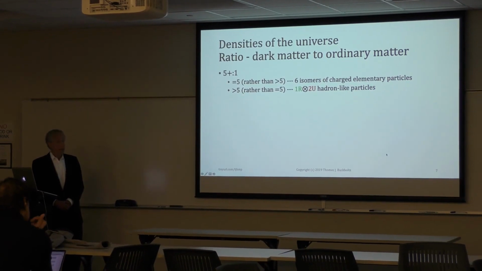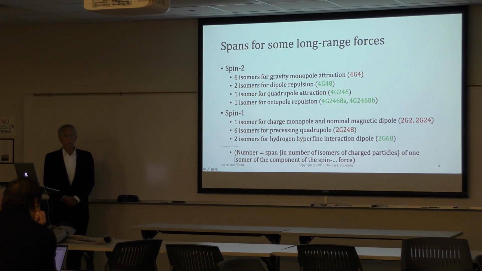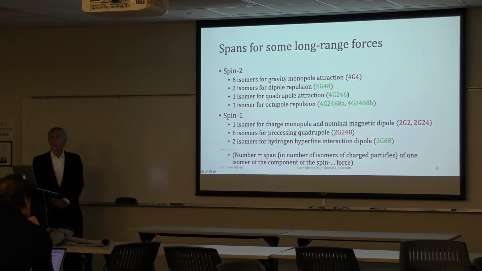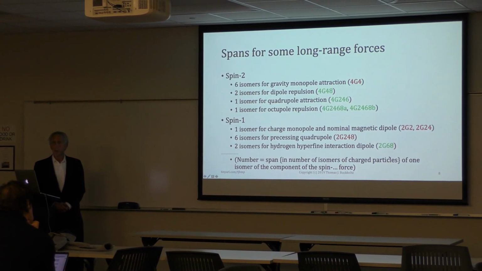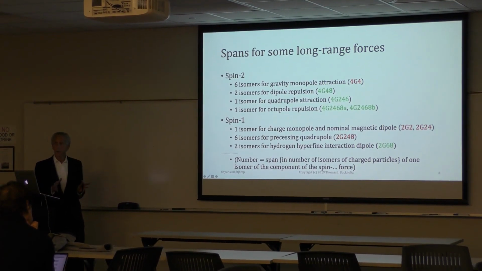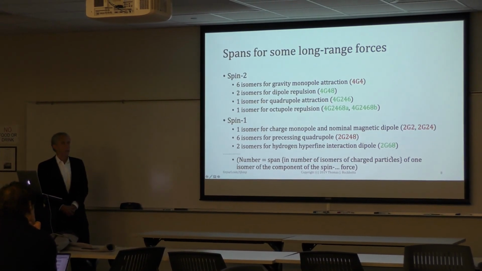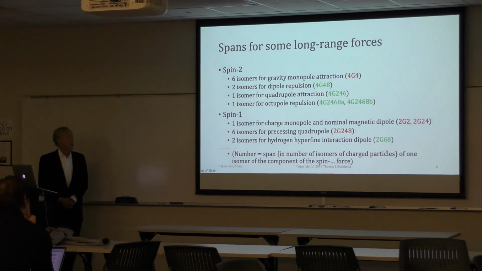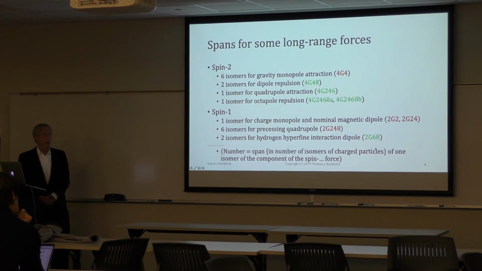With this, we can actually go quite a long way. So we need one more thing to get in there, and that is obviously gravity needs to span all 6 isomers. The ordinary matter isomer that we see and the 5 dark matter isomers. So it has a span of 6, and once you drop that into the math, then in fact you get spans for the other forces that we care about here.